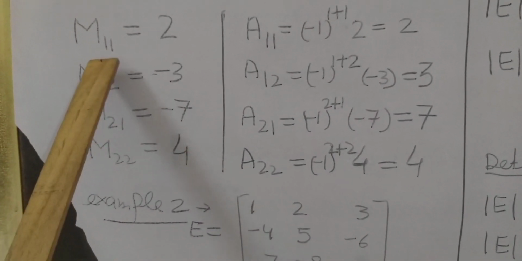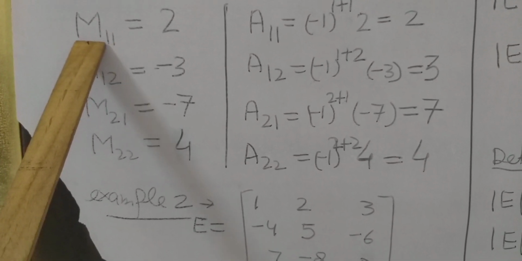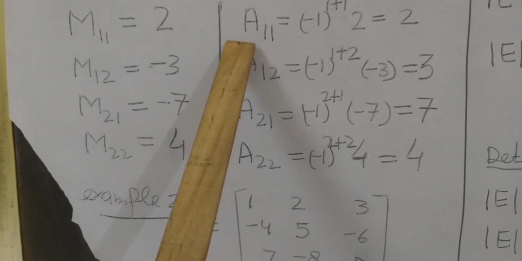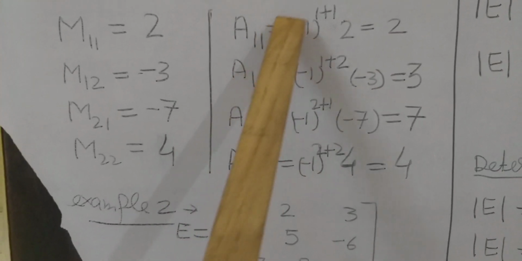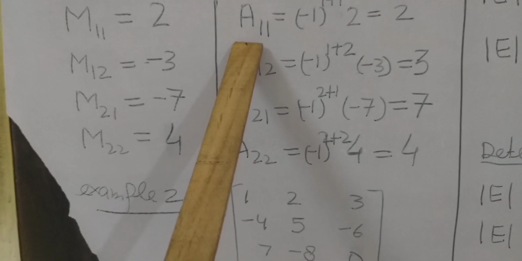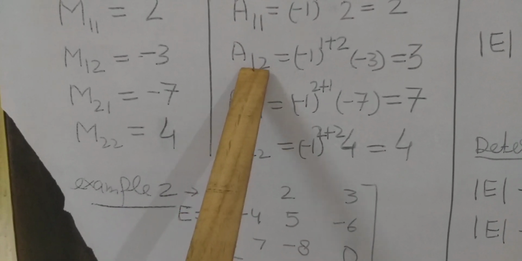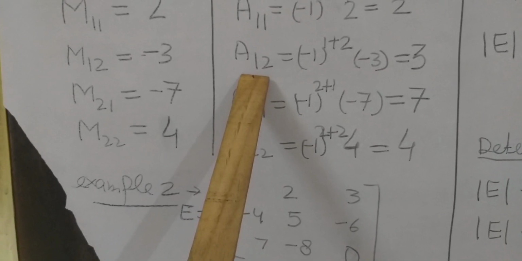You can see here, students, M11, i plus j value is 2. So power 2, so minor and cofactor are the same because 2 is even. Now add i or j here, 1 or 2, 3, an odd number.